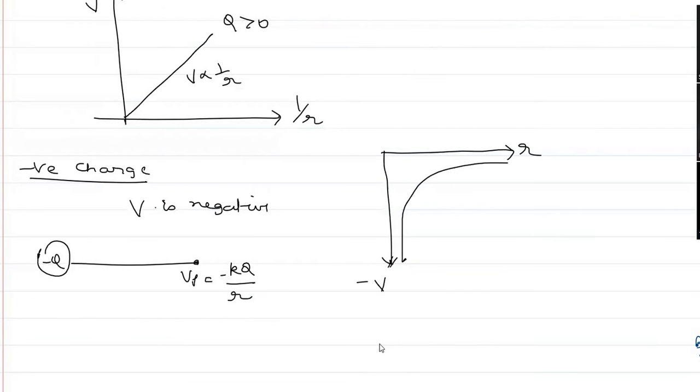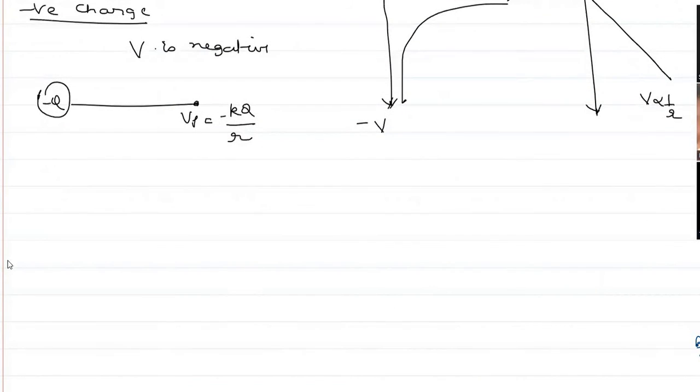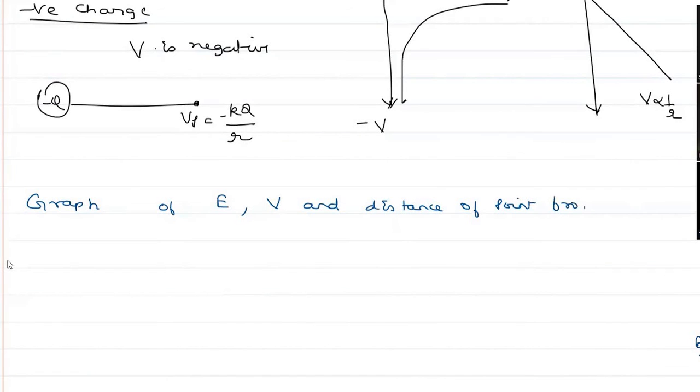And for the inverse relation, if it is V versus 1 by r, how will it be? This is the graph. Clear or not? All these graphs? Tell me if it is not clear. Clear, ma'am? Yes, ma'am. Next, graph of electric field intensity, potential, and the distance of the point from the source charge.